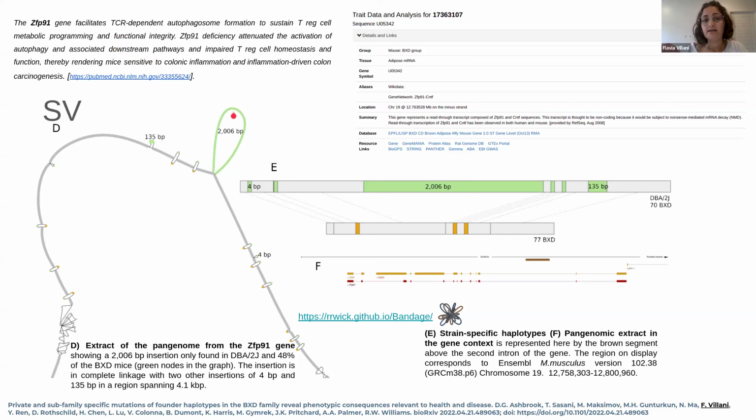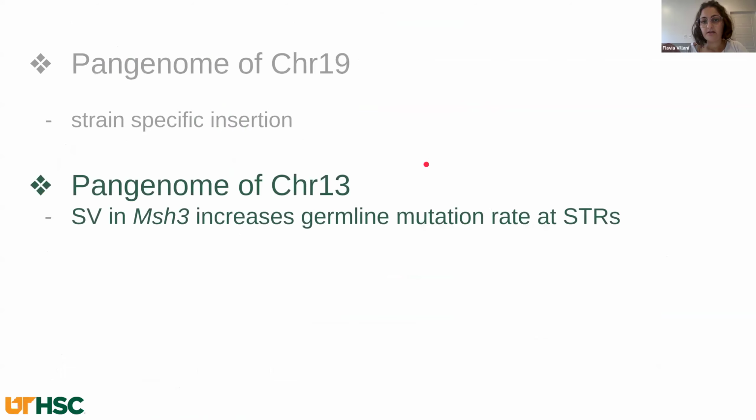And we found that near this variation, we have a mapped quantitative trait in GeneNetwork that is related to this T cell regulation homeostasis. And this is instead another example of structural variation in another chromosome.